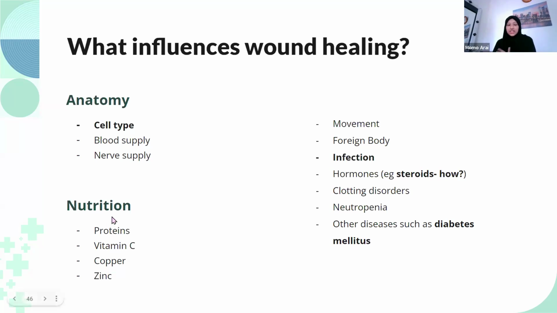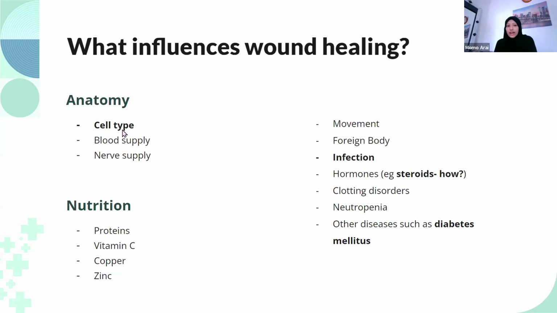If someone is deficient in protein or vitamin C, they cannot form collagen as well. So deficiency in all of these will reduce the effectiveness of wound healing. Other things such as foreign body movement and infection can also affect wound healing in a negative way. And he says the bold ones you see here are the ones he made another slide for, just to emphasize them.